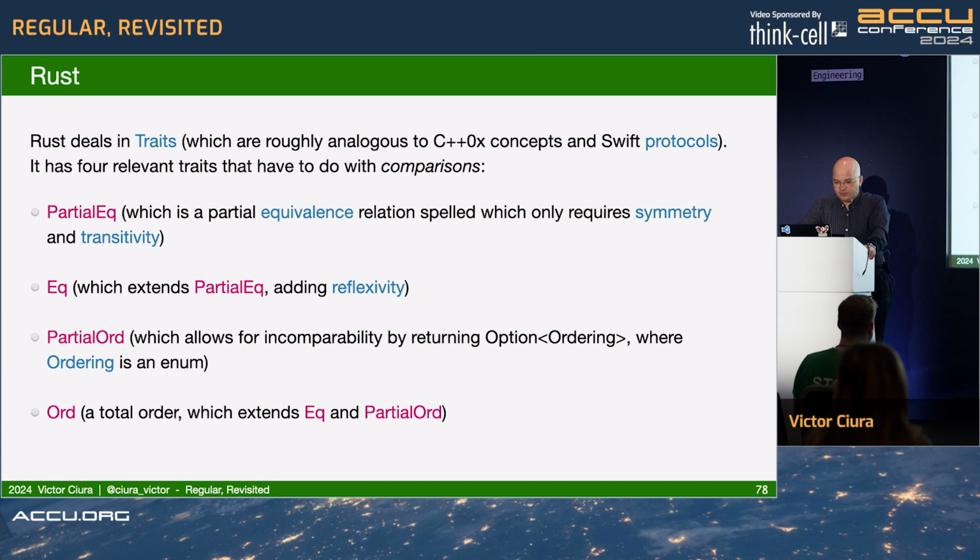It's an equivalence relationship that requires symmetry and transitivity. Equality extends this partial equality with reflexivity, right? So to complete the axioms. Partial ordering, again, is modeled through this ordering enumeration in Rust, and Ord, which is the total ordering, which I showed previously.